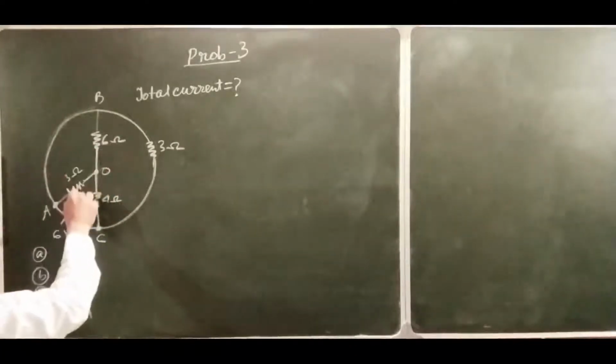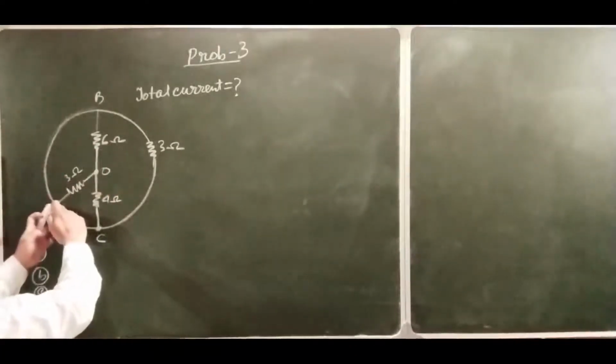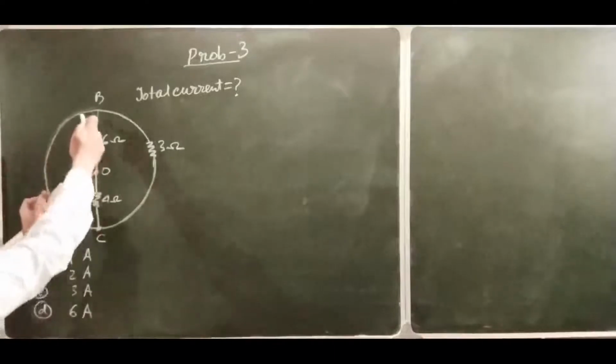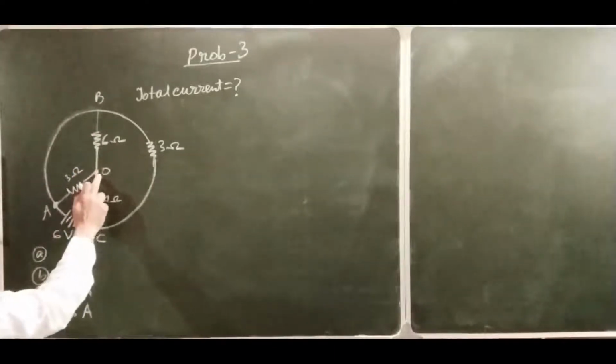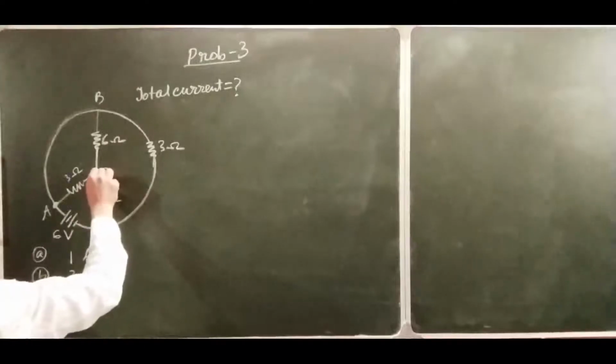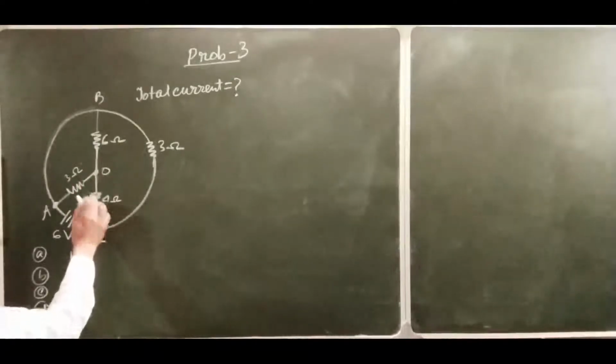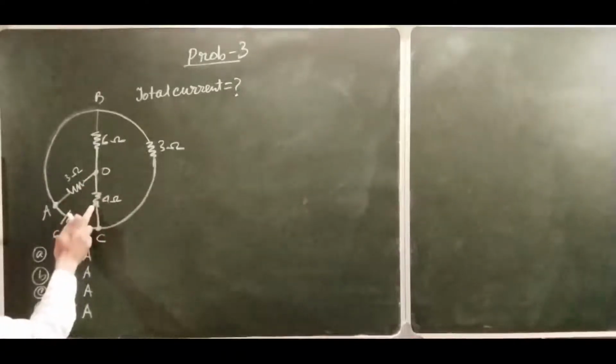So the one end of each of these 2 resistances are connected at the same position, the other 2 ends are connected at the same positions. That means these 2 resistances are in parallel connection, and to one end of that connection this 4 ohm is connected. That means it is in series because it is connected to one end of that connection.